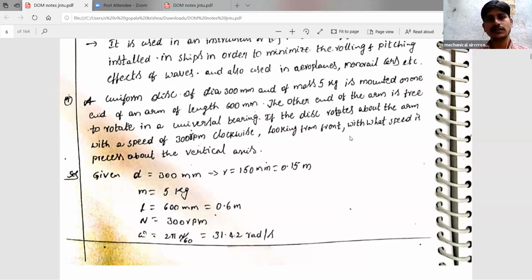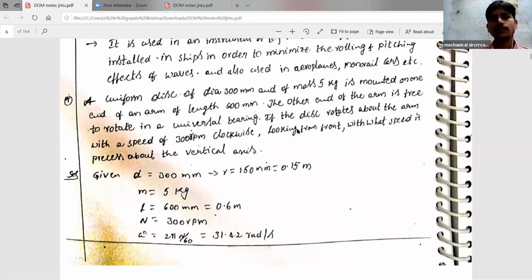The disc diameter is 300 mm and the disc mass is 5 kg, mounted at one end, and the length of the shaft is 600 mm, and the other end is the arm. The other end of the arm is free to rotate in a universal bearing.